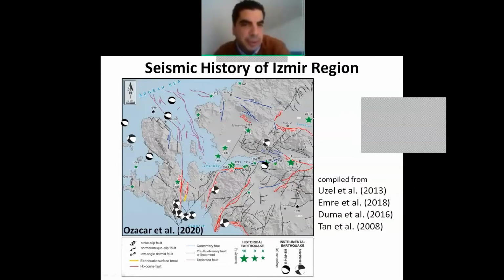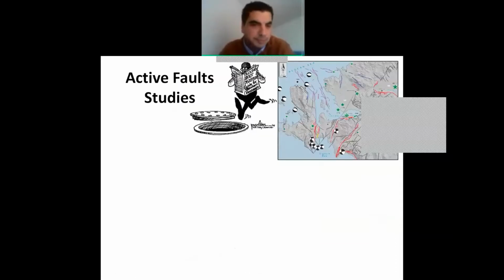This is the Izmir fault bounding the bay from the south, and this is the Karşıyaka fault bounding the bay from the north. Along the bay there is also active faulting, which is causing tsunamis and very frequent damaging earthquakes. So we have a very imminent threat with respect to Izmir.